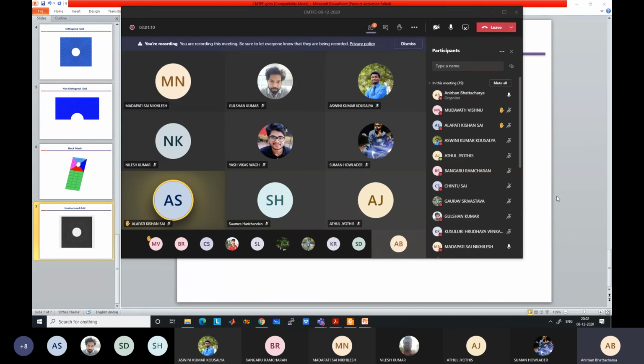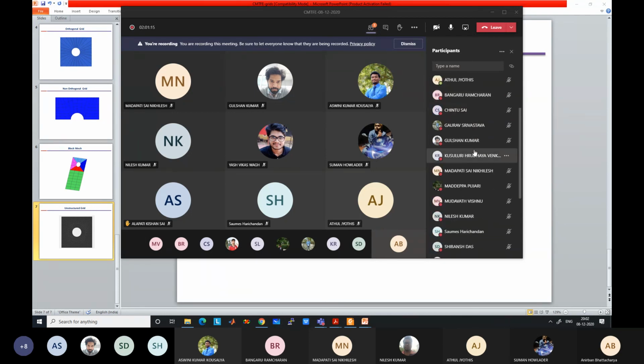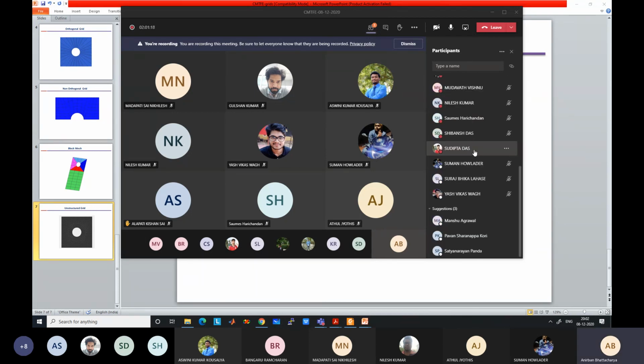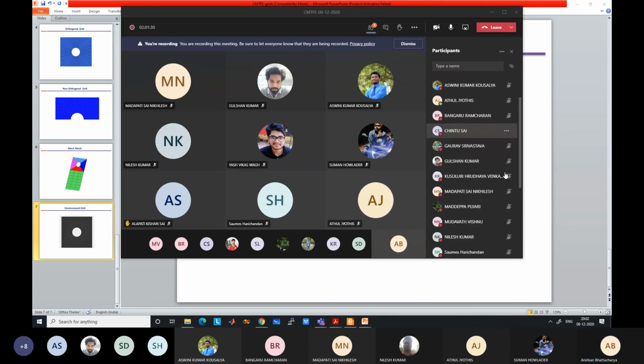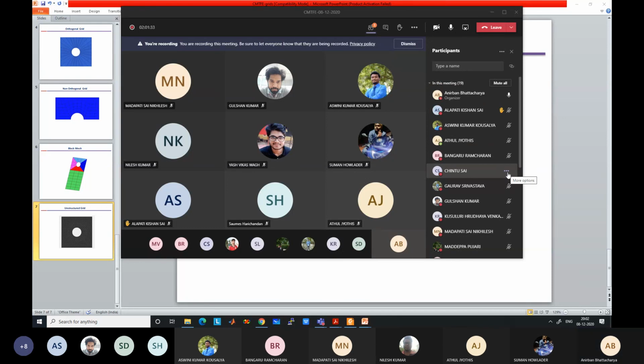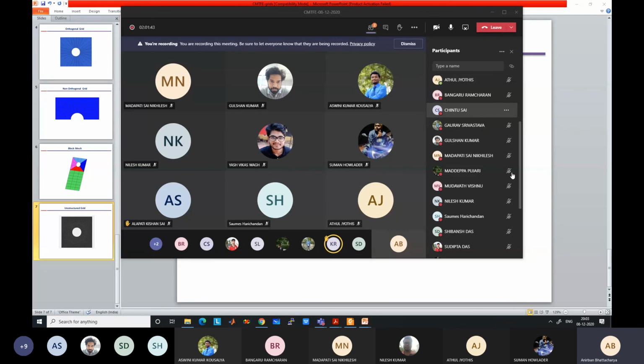Vishnu is present. Mainak is not present. So Nikhilesh, Yash and Vishnu are present. Prabhat Kumar Mishra absent. Shivangsh is present. Kishan Sai is absent. Venkata Rajendra present.